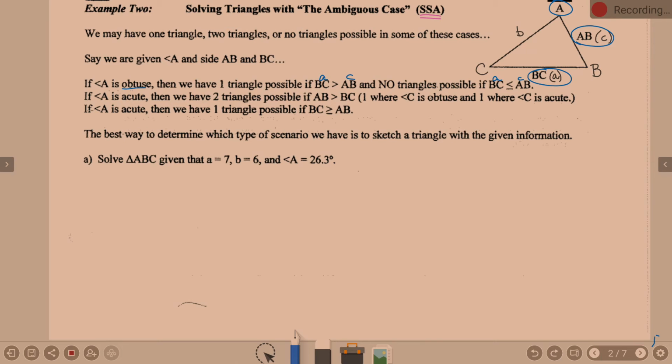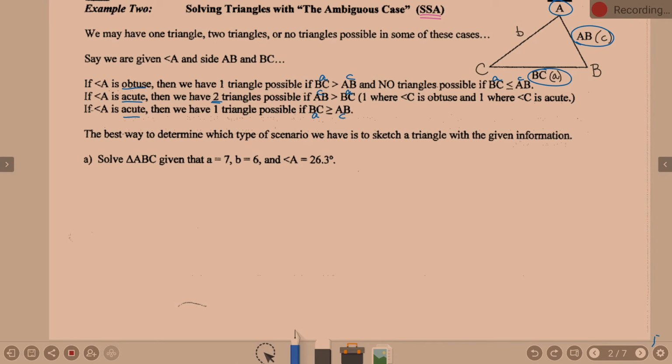If angle A is acute, there are two triangles possible if C is bigger than A: one where angle C is obtuse and one where angle C is acute. And we will look at that example when we get to one like it. And then the other option is if angle A is acute, there's one triangle possible if A is bigger than C.